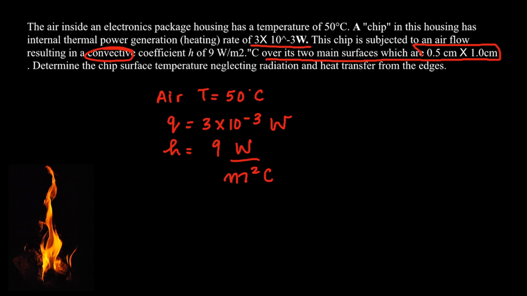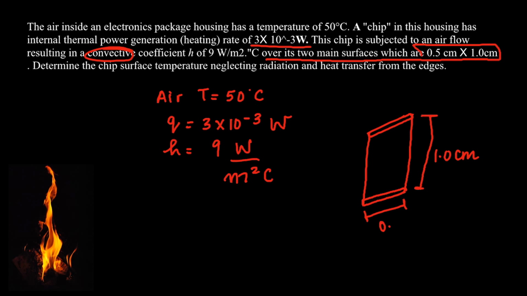So if I was to draw this whole thing out, let's say it looks like this. Cool. And you got a length of 1.0 centimeter, and this is 0.5 centimeters.